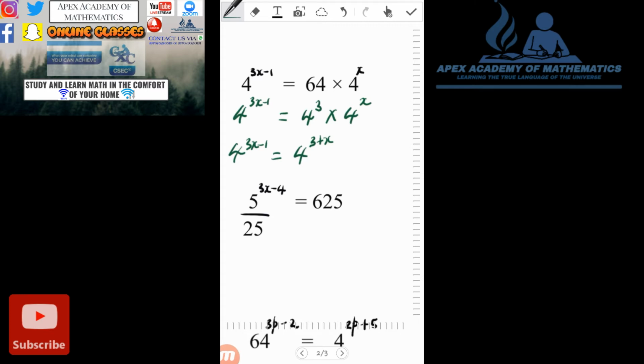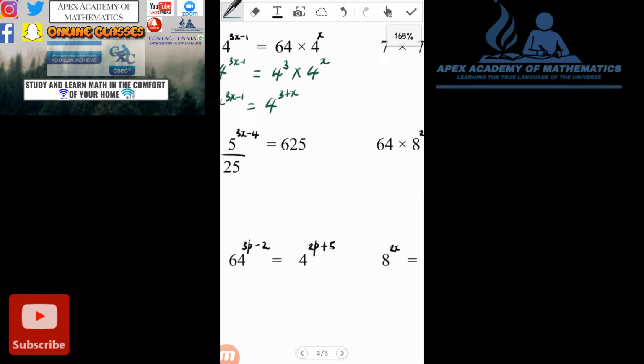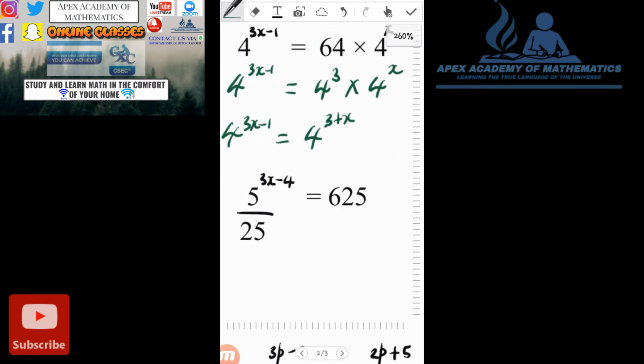Now if you look carefully here, you can apply the equal base law because the bases are the same. This is represented by a, this is m, this is equal to a again, and this is n. So a to the m is equal to a to the n. The rule states from the first page that m is equal to n.